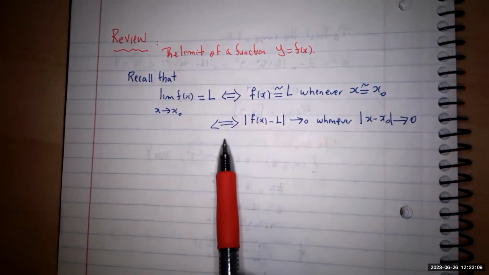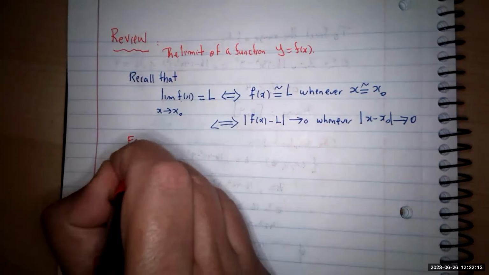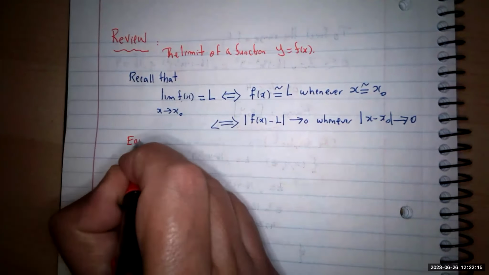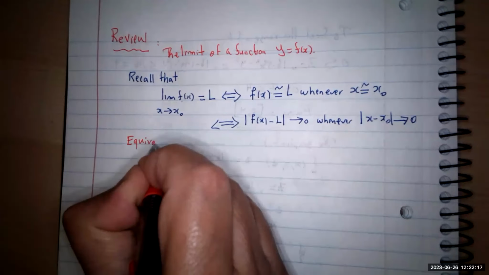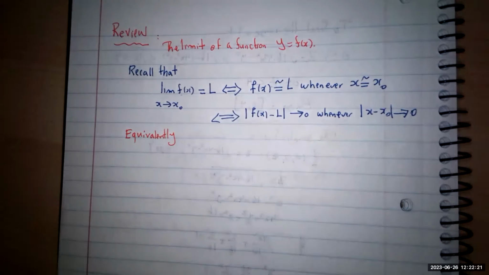So, equivalency. I want to change it to the format that you are going to use in this course. There are cases where you have to use the definition to do the job in this course. That's why.